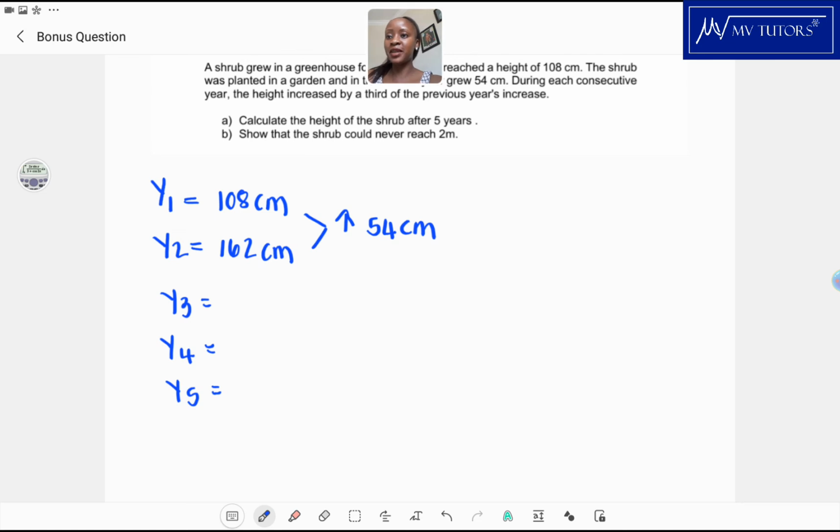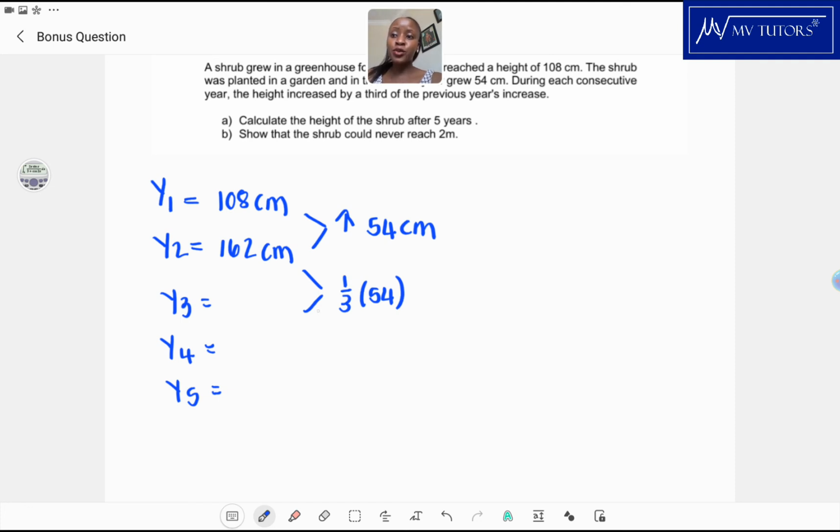centimeters. Now we need to ask ourselves, to get to the next year, so each consecutive year, the height increased by a third of the previous year's increase. The previous year, it increased by 54 centimeters.